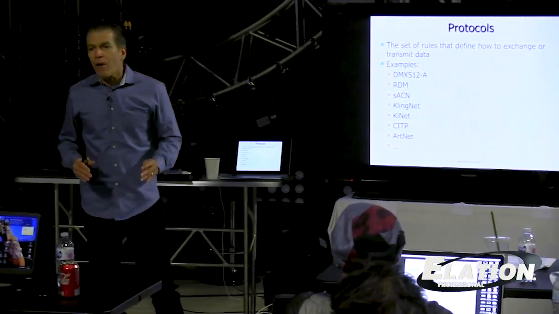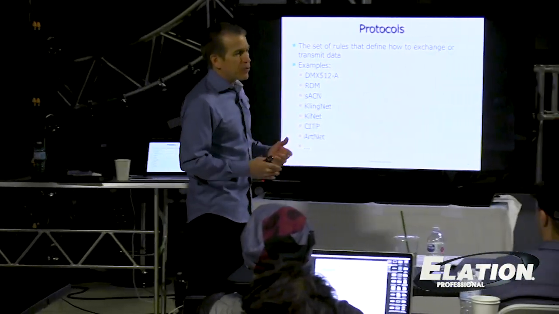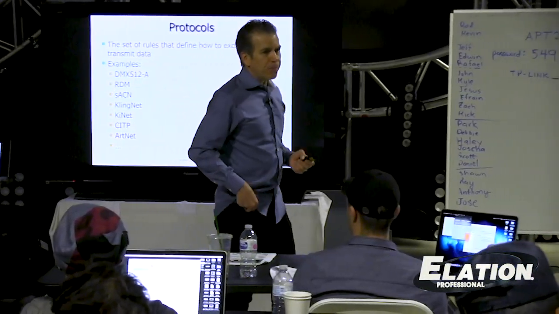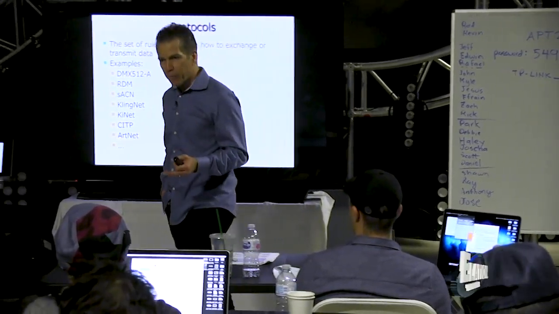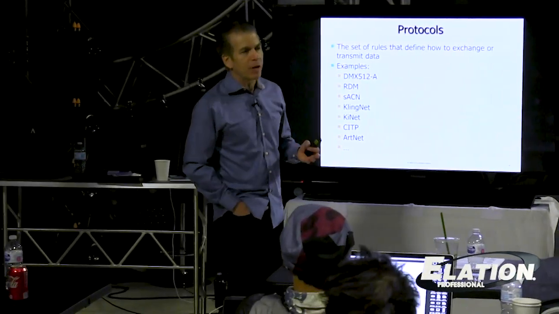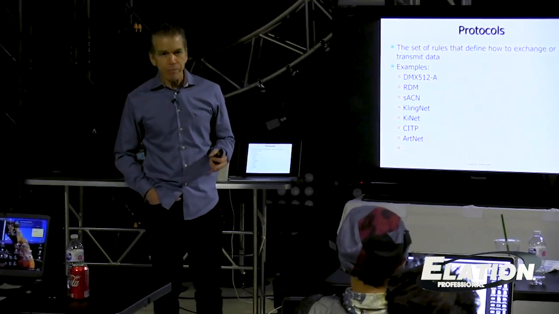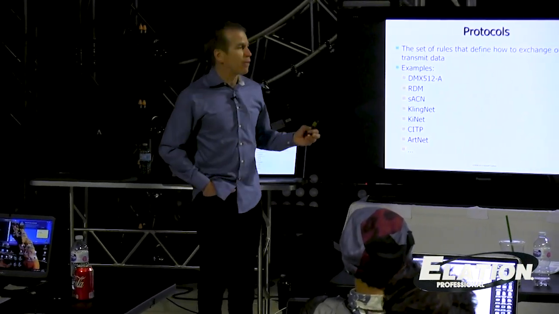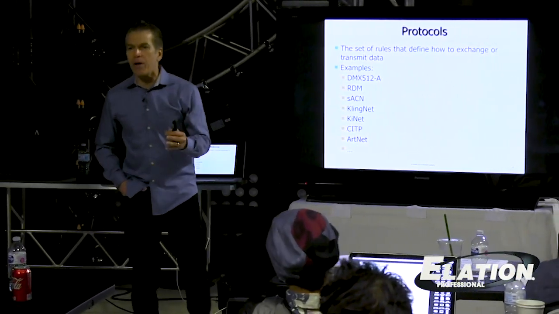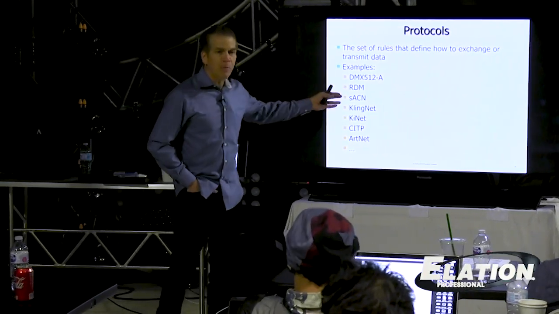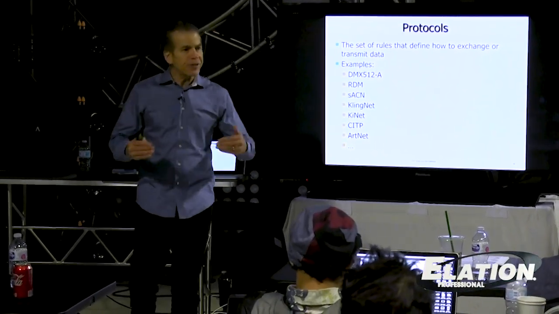So now there are a growing number of protocols in our industry. There are new protocols being developed all the time. Some are industry standard protocols, some are proprietary, and some are open protocols. The difference is that industry standard protocols like DMX and RDM or streaming ACN are consensus protocols.